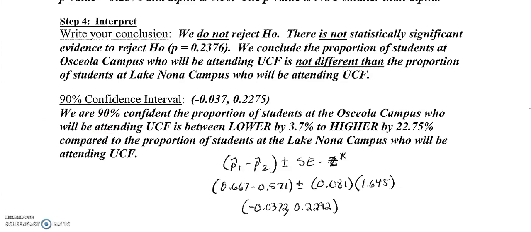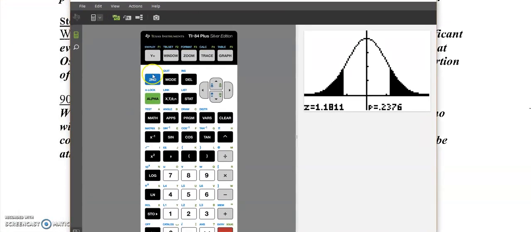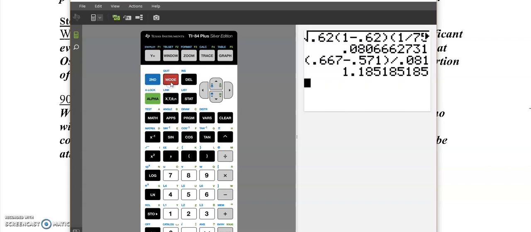So we can type that in the calculator. So we can hit second mode, parenthesis.